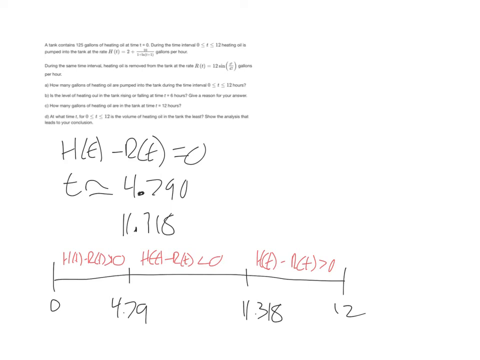So I know that my only possible minimum would be either at 0 or at the 11.318. Because wherever I'm at 0, which actually I know is 125, I increase until here. And then I decrease until 11.318.